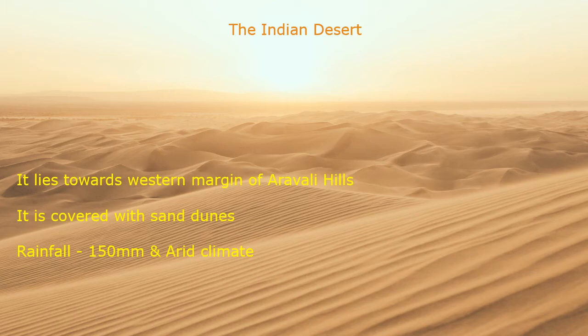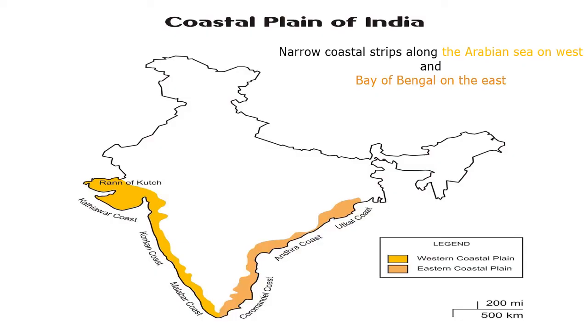And after this Indian desert, we will go through the coastal plains of India. The narrow coastal strips along the Arabian Sea on the west and the Bay of Bengal on the east are termed coastal plains. In the previous videos on political divisions, I even gave you the 9 coastal states and the regional names of the coastal states.